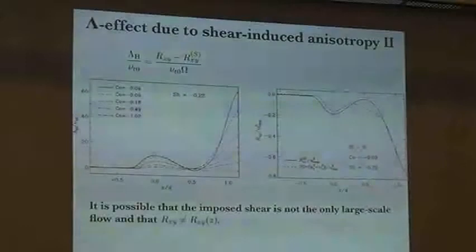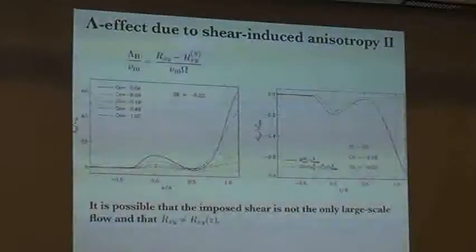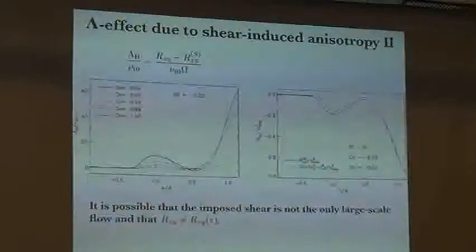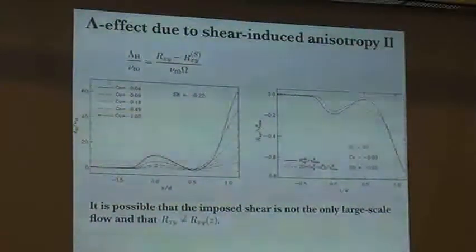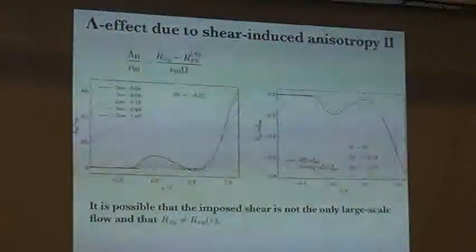This is because we do sometimes see that when we have shear, there are other large-scale velocity components which also depend on X. Those components we have not taken into account in any of these analyses yet, but that's something that we really need to look into.